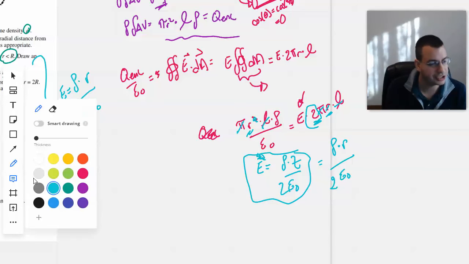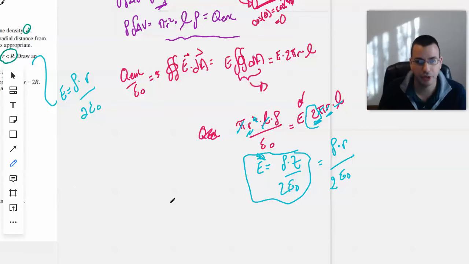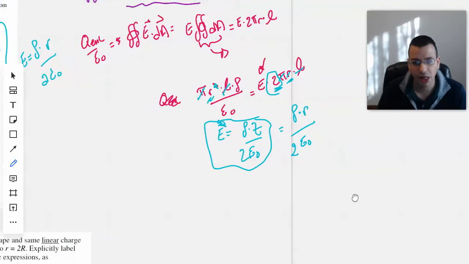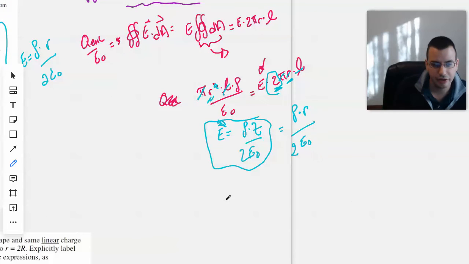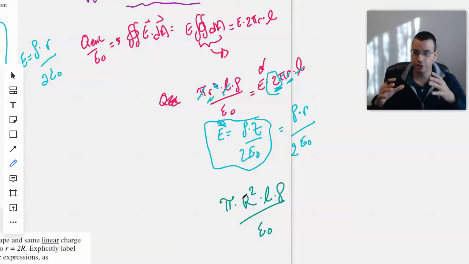The volume enclosed will be pi R squared times L, times rho over epsilon naught, because this is the Q enclosed.